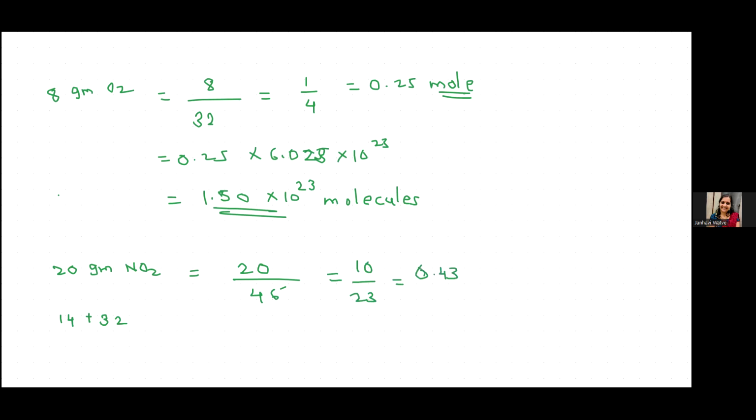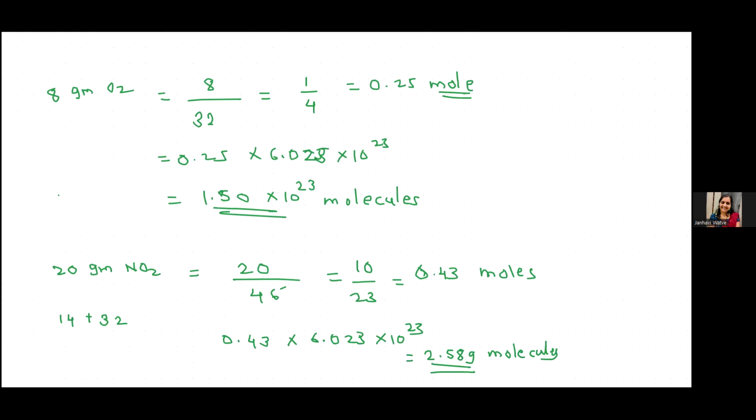These are the number of moles. Again, if we calculate 0.43 into 6.023 into 10 raised to 23, you will get a value nearly equal to 2.589, something like that, which are molecules. So in the fourth option, you are getting 2.58, which you can say is 2.6 by rounding off.